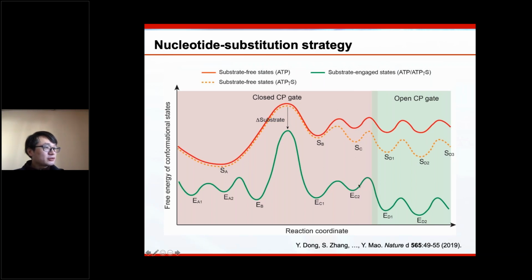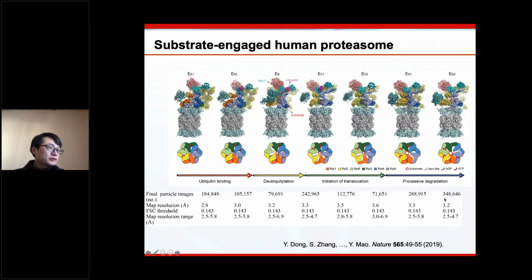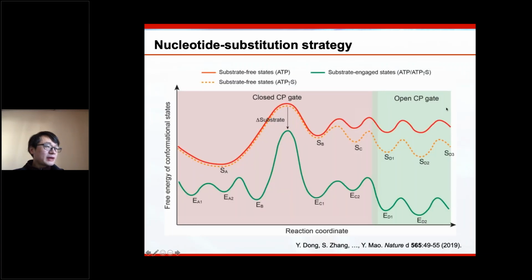But when you add a substrate, the largest state, which you also see in the particle population, is instead the ED2 state, which is substrate engaged and in the middle of processive translocation with the core particle gate open. So that's a very dramatic conformational change, as well as a dynamic change of the free energy landscape.